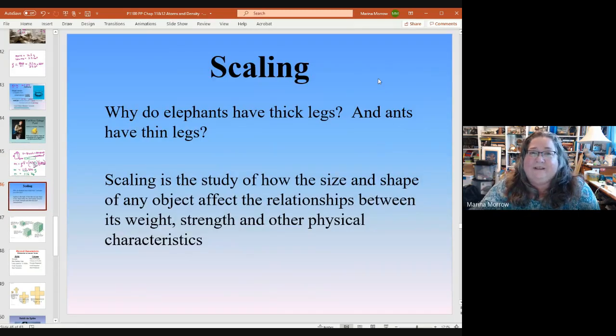Okay, the other part of this chapter that we're covering is scaling. Scaling is the idea that as you make something larger or smaller, that's called scaling up or scaling down, what happens is that you have properties that come into play, because just changing the length also changes the volume and the weight of the object that you're scaling up and down.